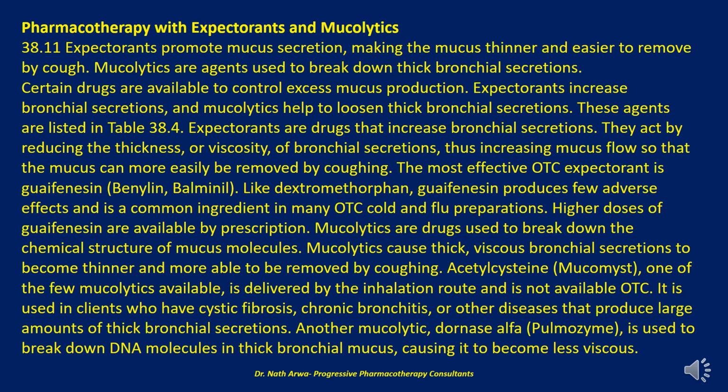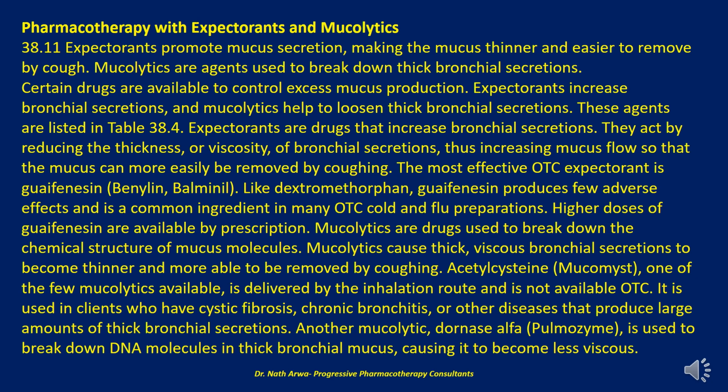Mucolytics are drugs used to break down the chemical structure of mucus molecules. Mucolytics cause thick, viscous bronchial secretions to become thinner and more able to be removed by coughing. Acetylcysteine, marketed as Mucomist, one of the few mucolytics available, is delivered by the inhalation route and is not available over the counter.